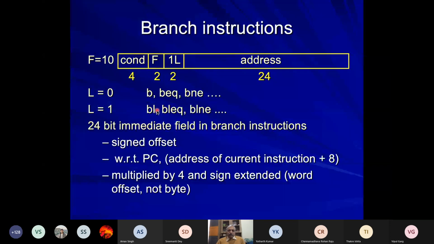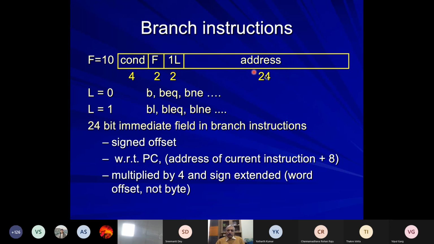So branch with link is used to make a transfer to a subroutine or a function. And the link register, which is R14, is used to save the return address.